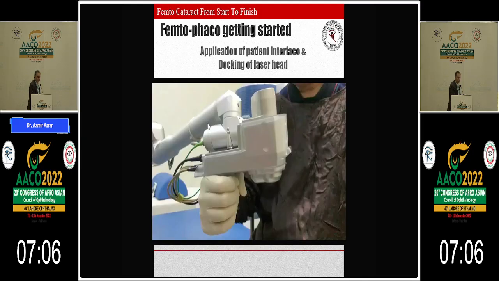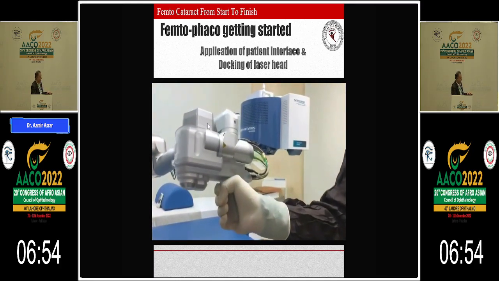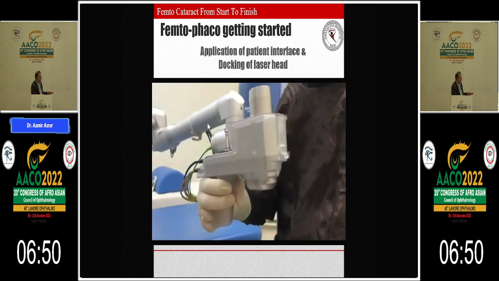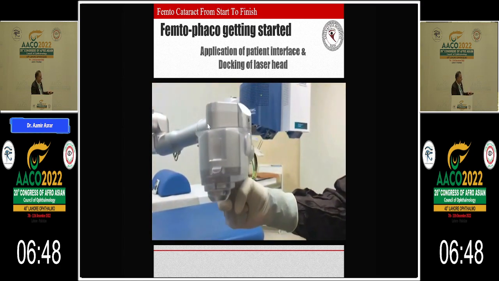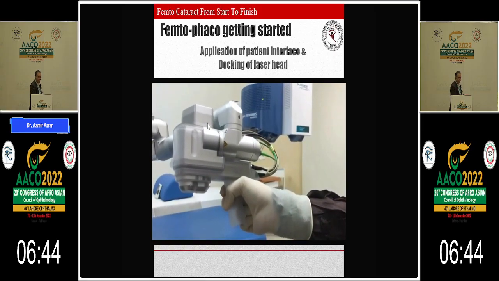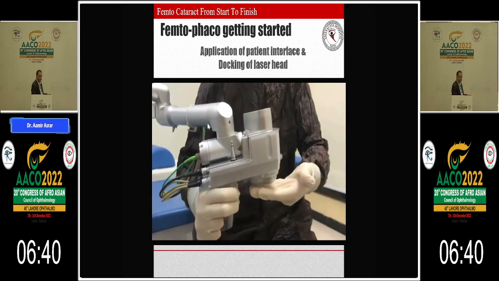There are different ways of holding the interface, but for people who are starting femtocataracts with the Z8, this is the recommended way of holding it, as in femtoLASIK. But if we are going to attach it for a femtocataract, it is preferable to have two fingers in the front, because otherwise this will interfere when we clip it on to the interface. As the experience grows, it doesn't matter which way we hold it.